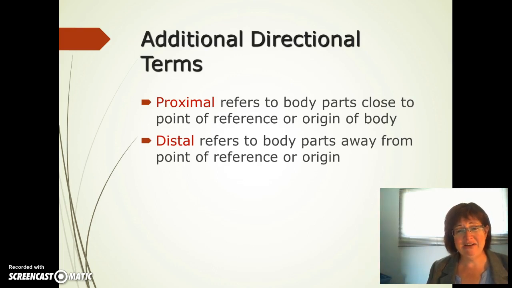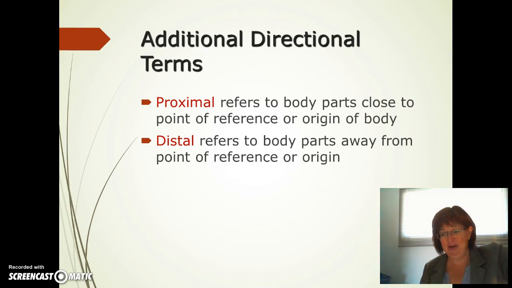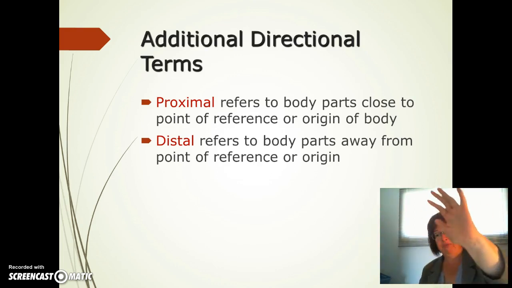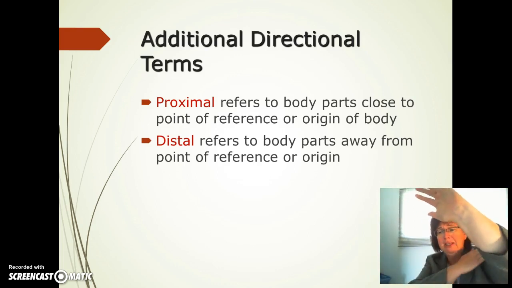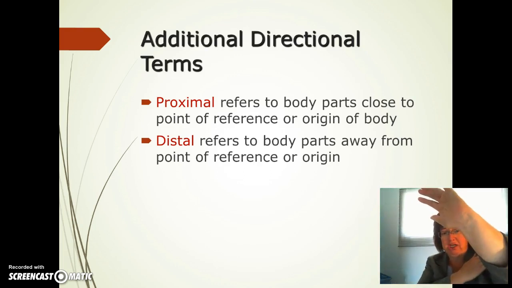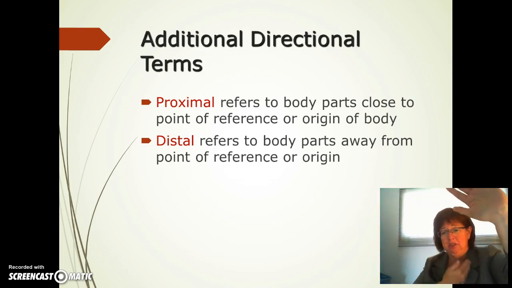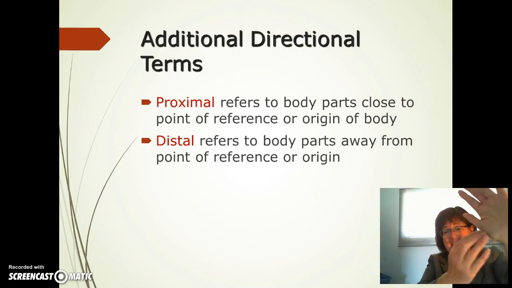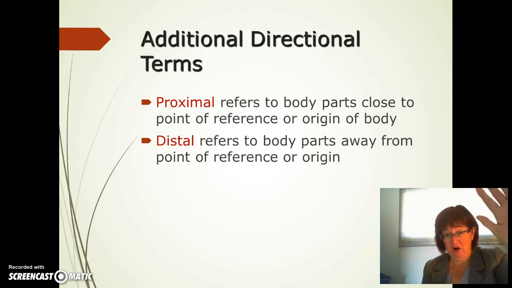Okay. Then there's the terms proximal and distal. These are again relative. Proximal means sort of like approximately or close. So it is the point closest to the origin, and distal is distant. So if you were to look at your arm, relative to my shoulder is proximal to my midline, and the hand is distal or farther away.